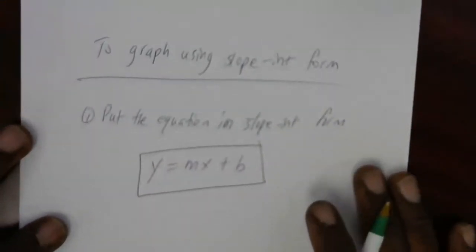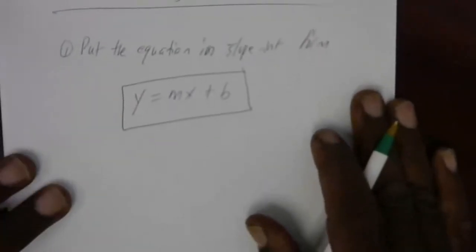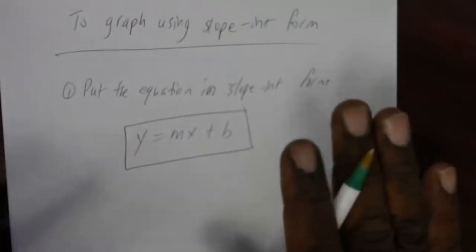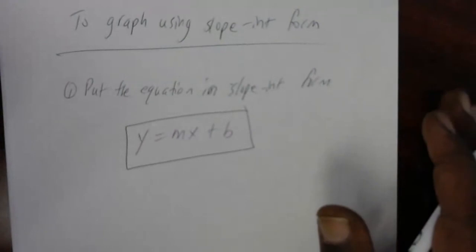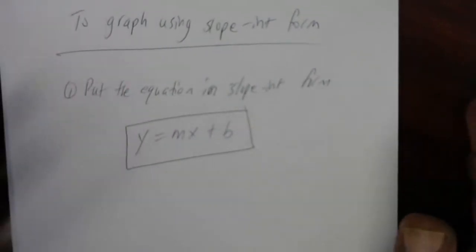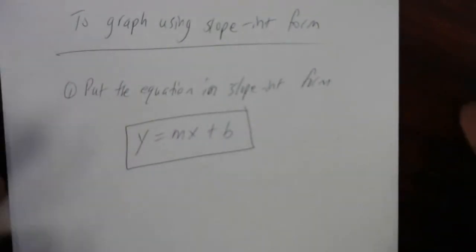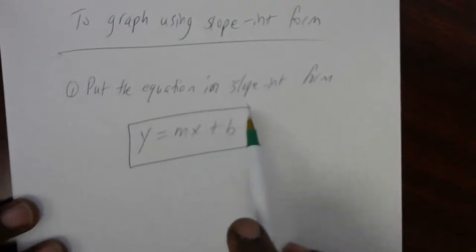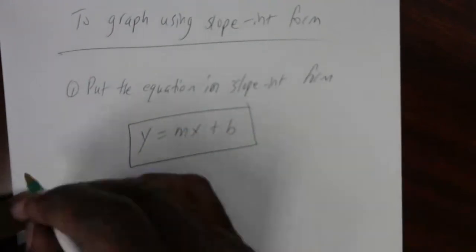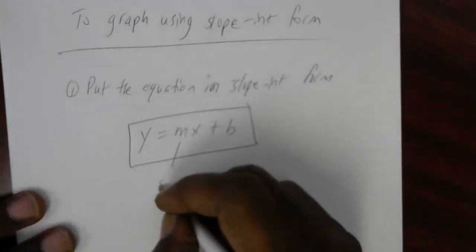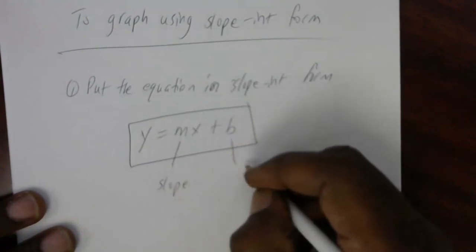You have to solve your equation for y if it's not already done so. And this is by far the easiest way to graph because there's no table method, there's no points to figure out. It's simply making sure that your equation is in slope-intercept form. m is the slope, b is the y-intercept.